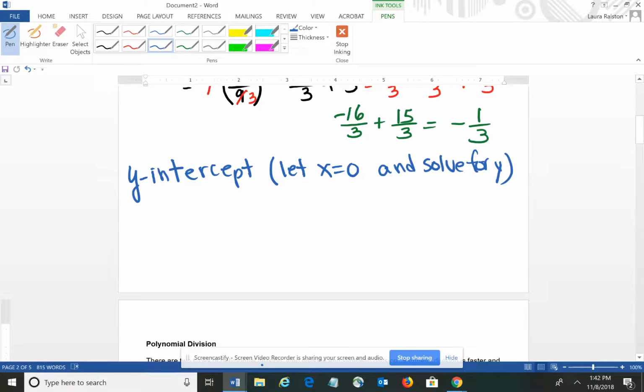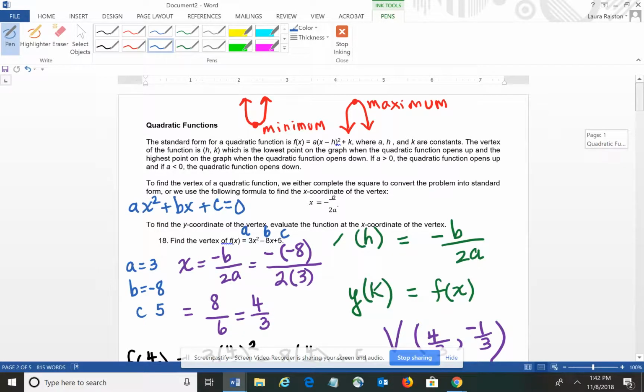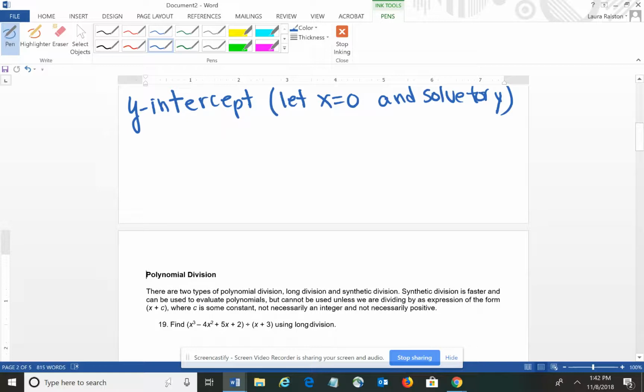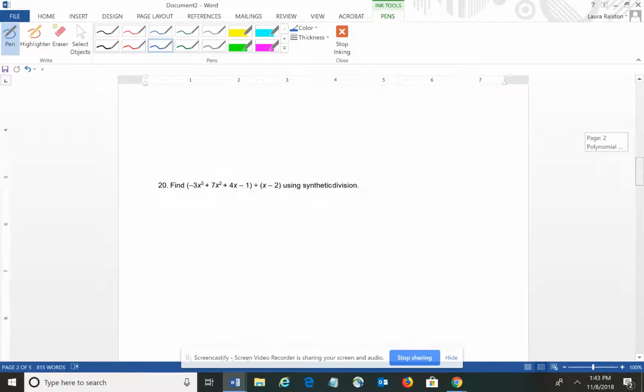So in this scenario, if I let x equal 0 and solve for y, I have 3 times 0 squared minus 8 times 0, and what was my last term?